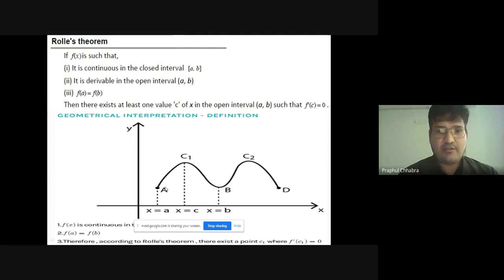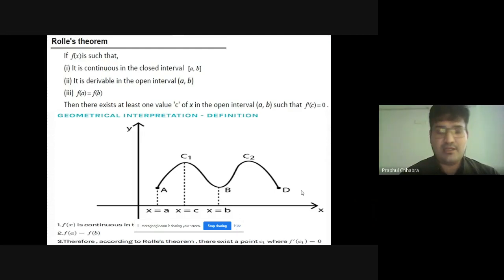So we can see very easily there is a point x = c1 here, at which if we draw any tangent, it will be parallel to the x-axis. That is, the slope of the tangent will definitely be 0. That is, at x = c1, f'(c1) will be 0.